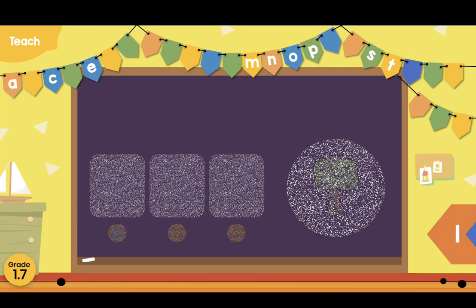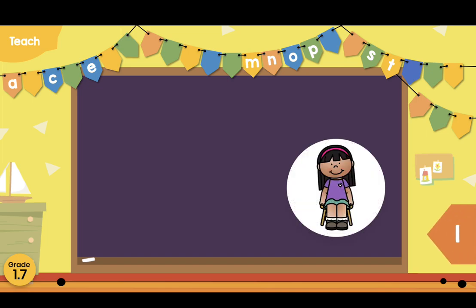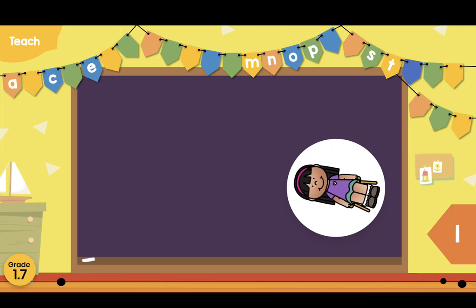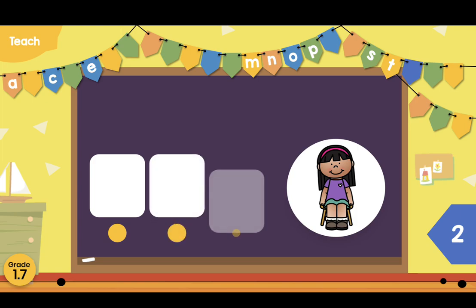Now, boys and girls, are you ready for another sound? Please say the word sit and sound it out. S-it. Now, let's draw sound dots for every sound. S-it. Where can you hear the I sound?